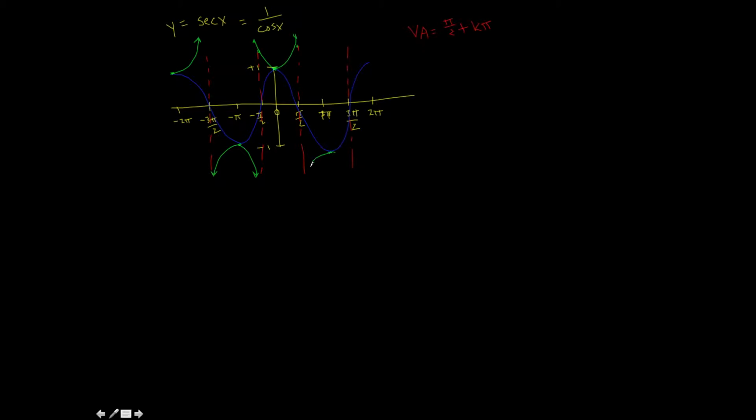As we go to the left, we get closer to the vertical asymptote. Same thing with the right. And finally, this is a minimum for secant. As we get closer to the vertical asymptote, we're going toward infinity. So this is what our graph of y equals secant looks like.